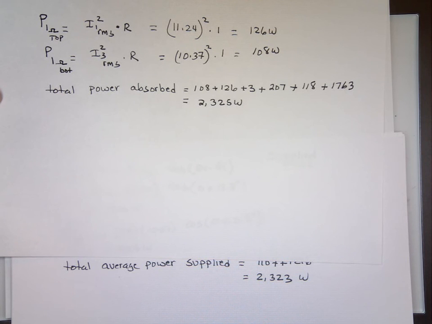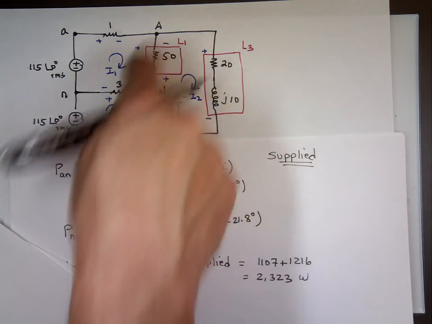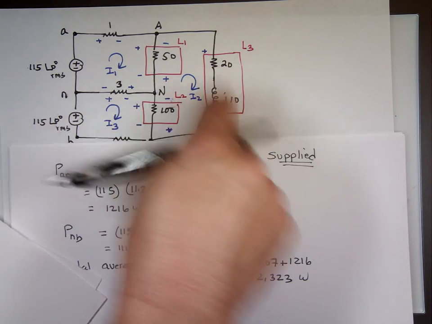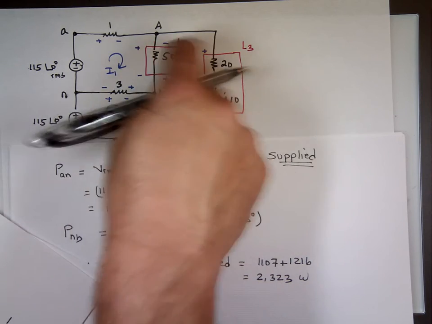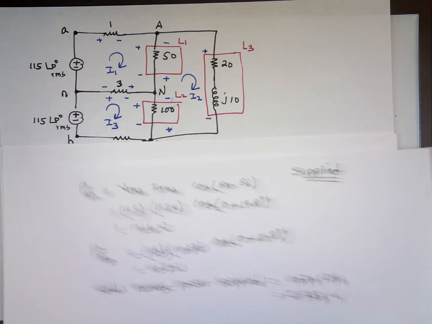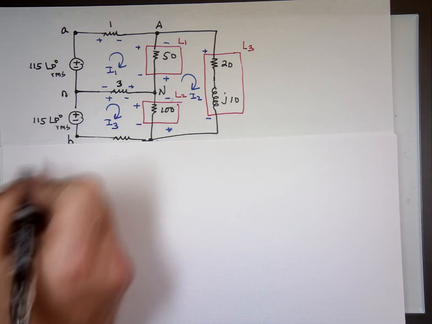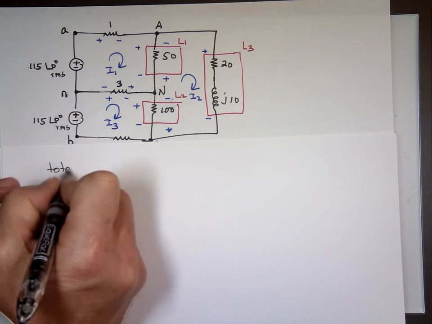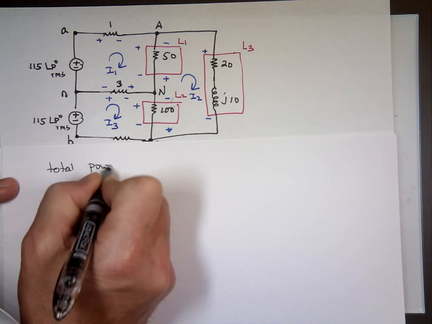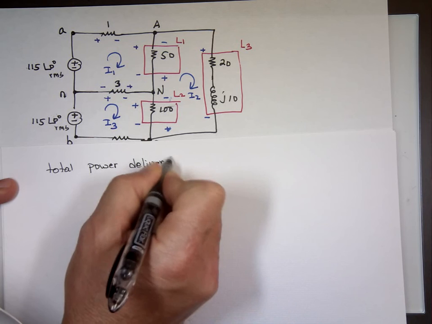What did the load get? What is the total power delivered to the load? Just these three, not these resistors, but these three. The total power delivered to the load is what?